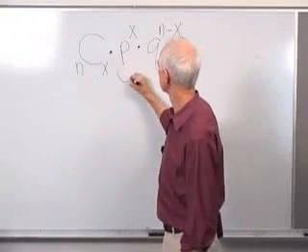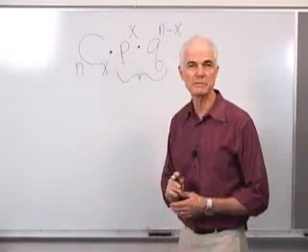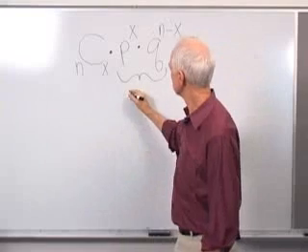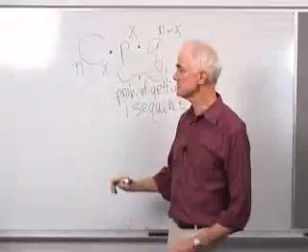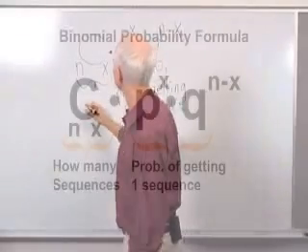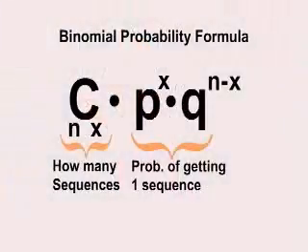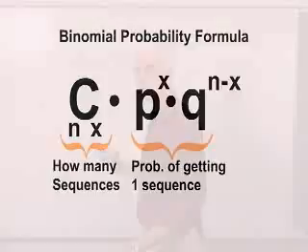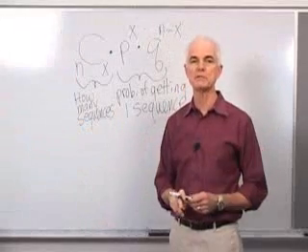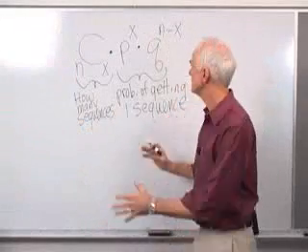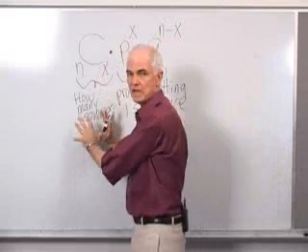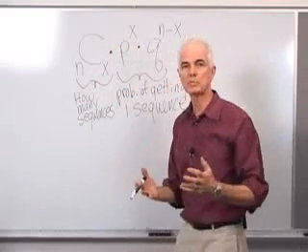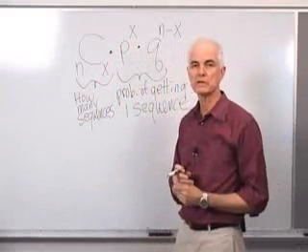This particular part of the binomial probability formula gives us the probability of getting one particular sequence. This part of the binomial distribution problem tells us how many sequences. So generally speaking, in solving for binomial probability problems, what we're really doing is figuring out the probability of one sequence and weighing it by how many sequences to get the total probability of this problem occurring.